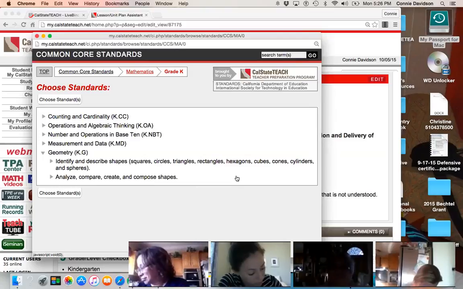It could just be a square, because that could be the lesson, just squares. It's your lesson, you decide. If you were to write that the student will be able to identify and describe squares, what do you think your assessment would be?